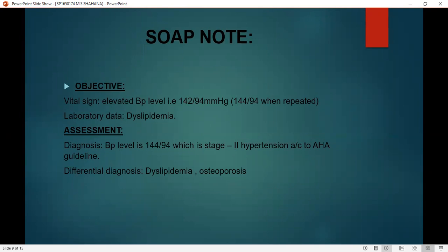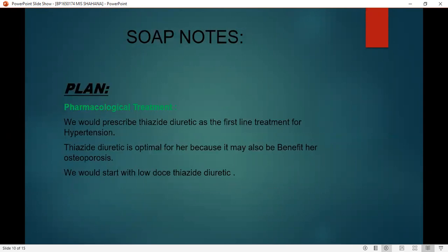Assessment: diagnosis: BP level is 144 by 94, which is stage 2 hypertension according to the American Hypertension Association guidelines. Differential diagnosis: dyslipidemia and osteoporosis. Plan: pharmacological treatment.